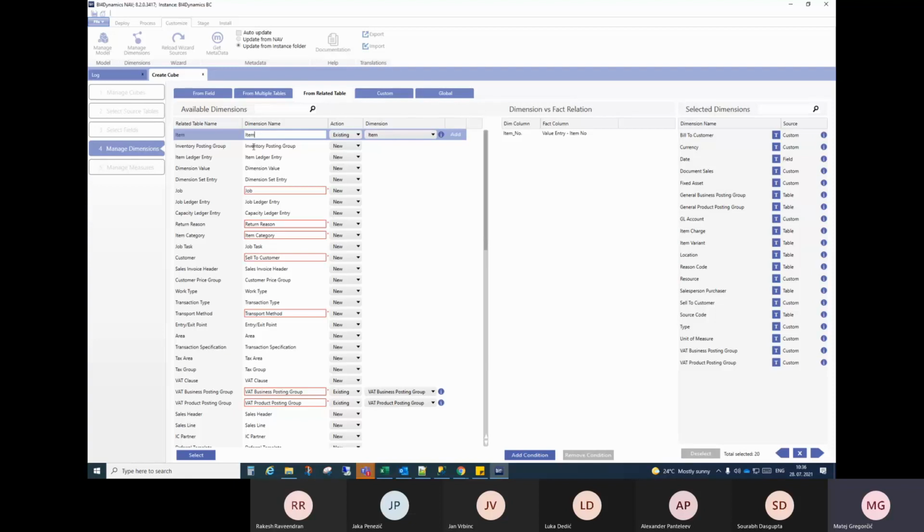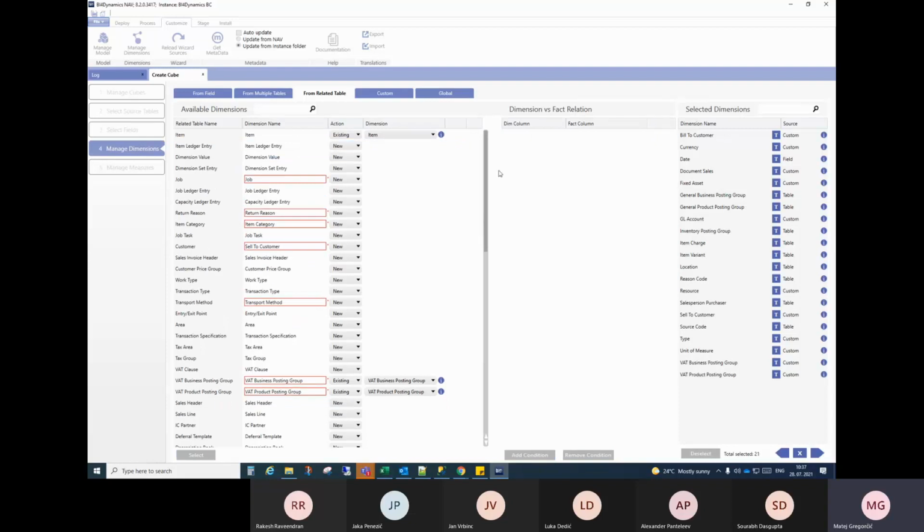Now, we have both options here. If we want to create a new instance, like inventory posting group, we would say new. And on this side, it will actually show us from metadata again how the inventory posting group code is connected to the value entry table, so to the transactional table. Then we can just add a dimension and it will show up here, inventory posting group.